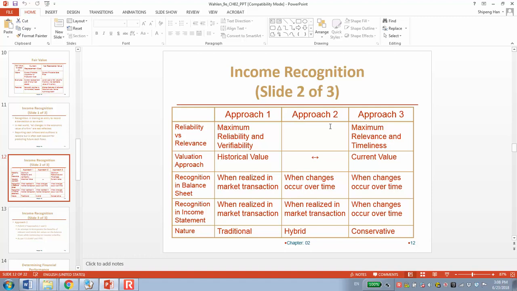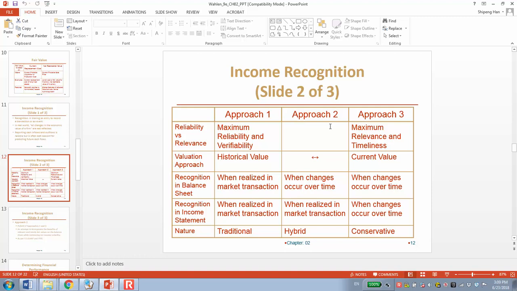Right? We know the stock market fluctuates. That means the gains and losses occur every day. So the third approach is focused on whether the value change occurred. If it occurred, we record it.